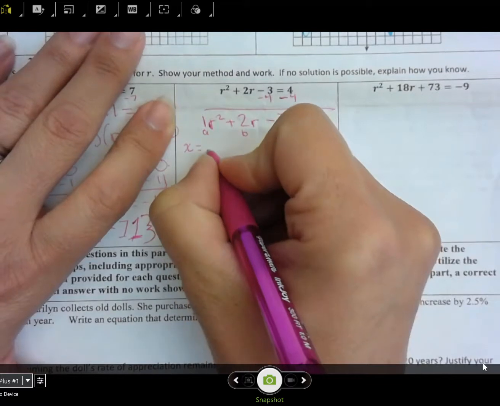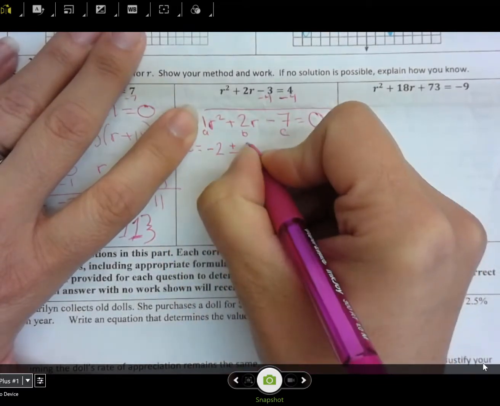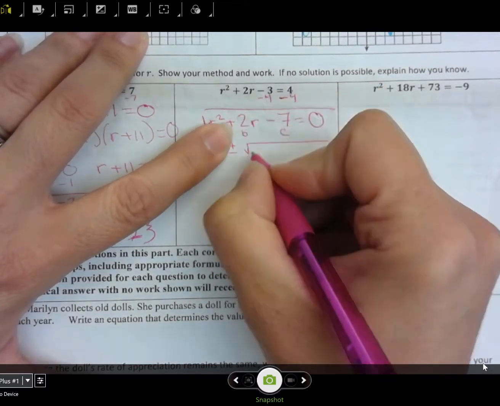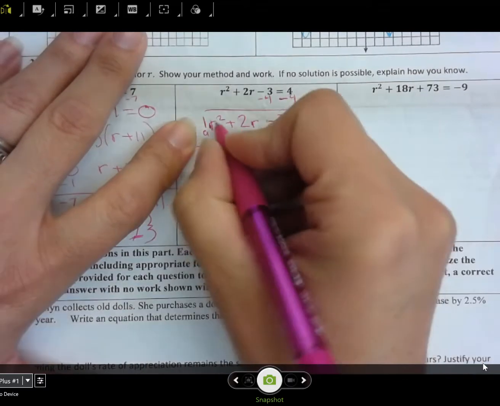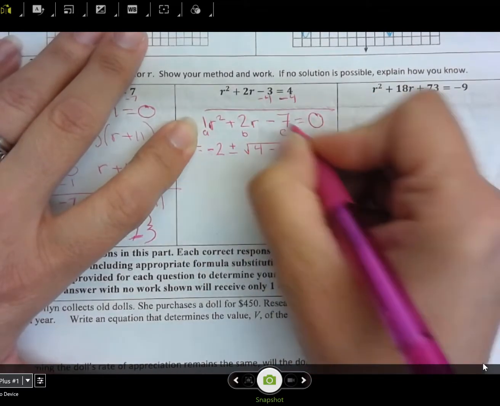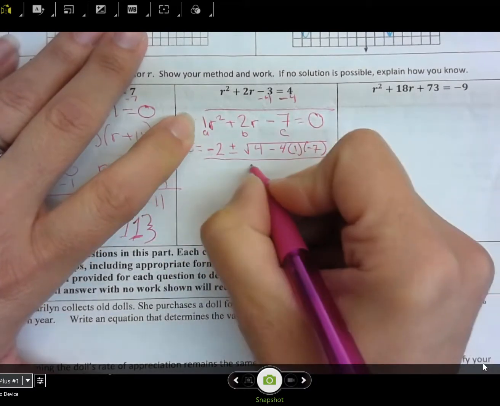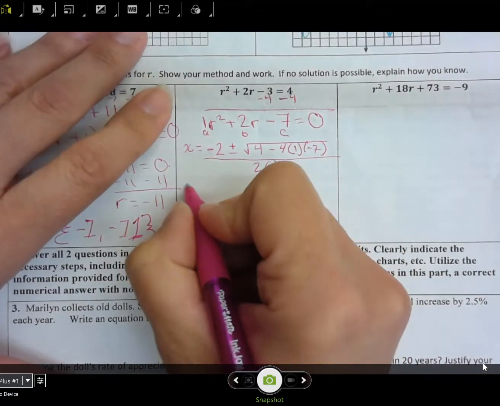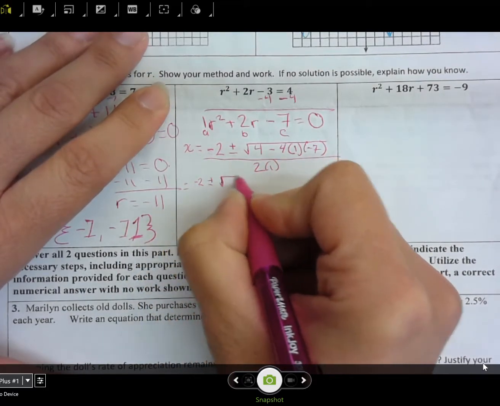So the formula says negative b plus and minus the square root of b squared, so 2 squared is 4, minus 4 times a, which is 1, times c, which is negative 7. And that's all divided by 2a, so 2 times 1. So when I simplify, I have negative 2 plus and minus the square root of 4.